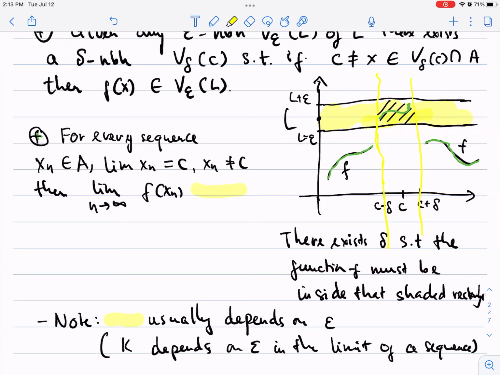Another equivalent statement is stated in terms of the sequence language.